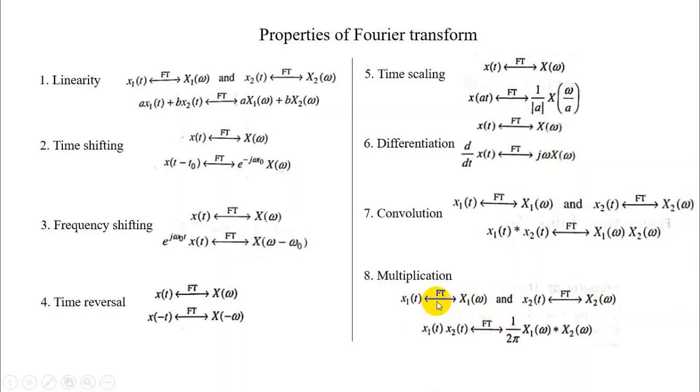And the final one I am discussing is multiplication. If the Fourier transform of x1(t) is given by X1(omega), and of x2(t) is X2(omega), and you have to determine the transform of the multiplication of x1(t) and x2(t), then after having the frequency domain representations X1(omega) for x1(t) and X2(omega) for x2(t), you take the convolution of them, multiplied by 1 by 2 pi, which gives you the transform of the multiplication of the two signals.